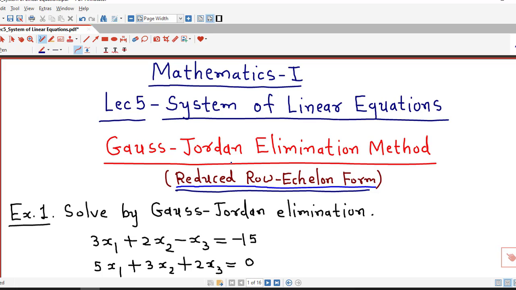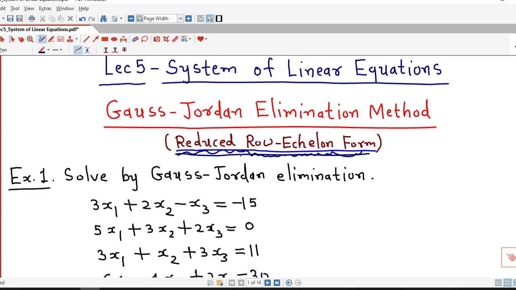The only difference is that Gauss elimination uses the row echelon form of the augmented matrix, and Gauss-Jordan elimination uses the reduced row echelon form. Otherwise there is no major difference between the two methods.